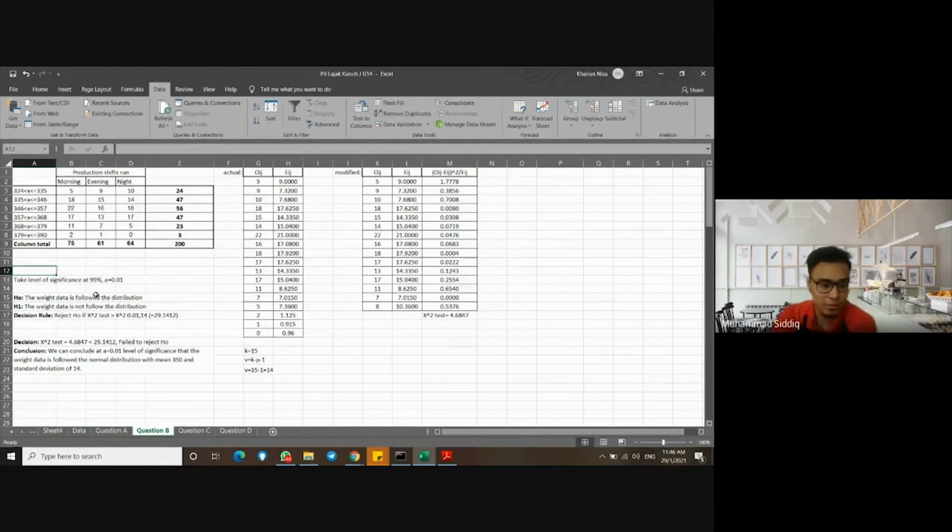For our question, we take the level of significance at 99%, which means alpha is 0.01. For this question, our H0 is that the data follows the distribution, but for H1, the data does not follow the distribution.